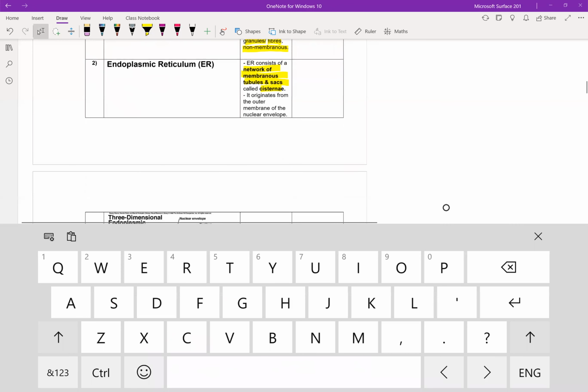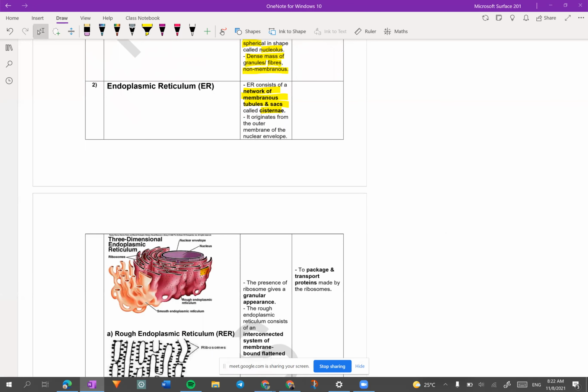You akan jumpa lagi cisternae ni sebab cisternae ni adalah general word untuk membranous sac. Alright? So whenever kita cakap cisternae, I wish you boleh terbayangkan bentuk dia macam ni. Dia terdiri daripada membrane and then dia berlapis-lapis and then dia macam kantung-kantung sikit.